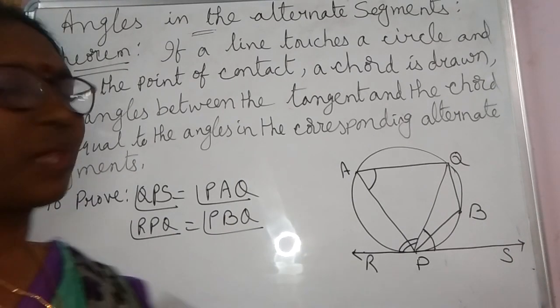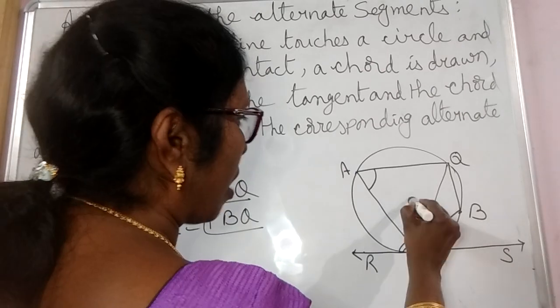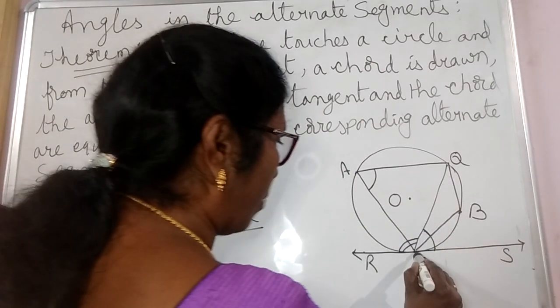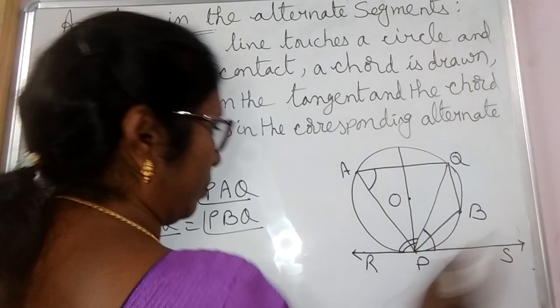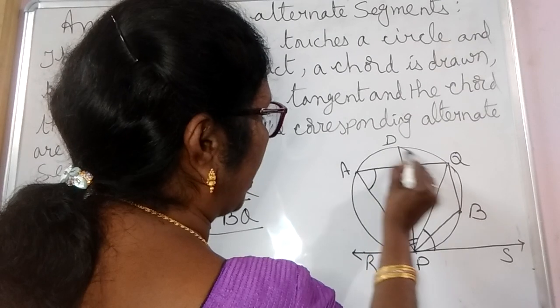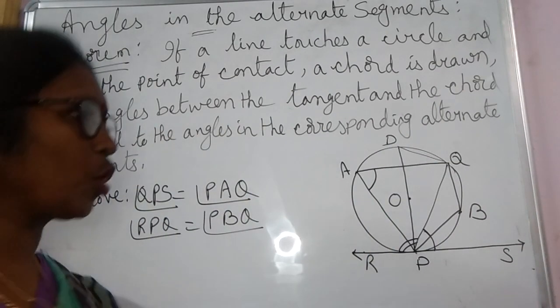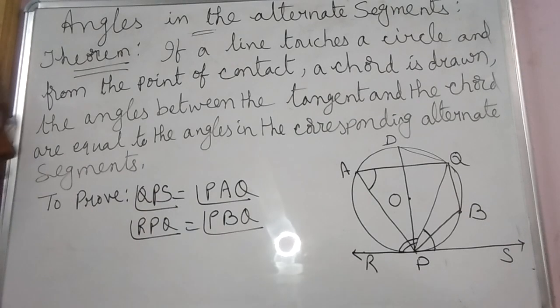Let us see how they can be proved. Let O be the center of the circle. Join PO and produce up to D. And also join DQ. Let us see why and how they are equal.